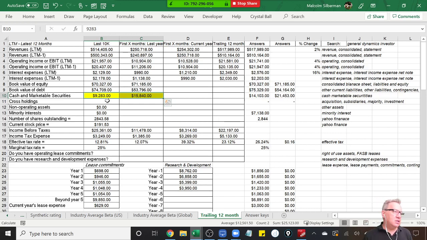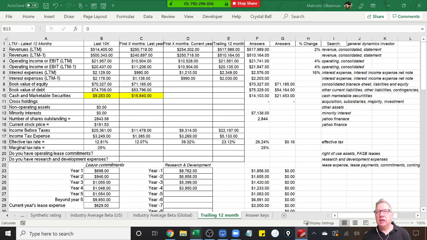Got it. And so they actually have that. It's that item over here. I noticed that when you were looking at shareholders' equity. So the cross holdings is like the asset, and then the minority interest is the debt. Yes, but cross holdings mean a different thing to minority interest.